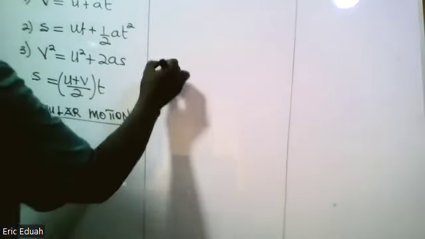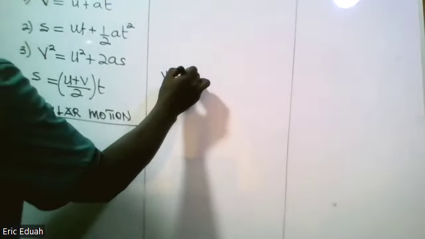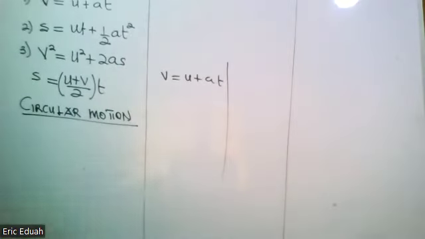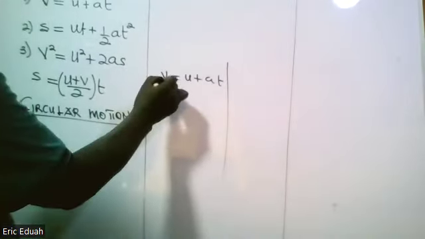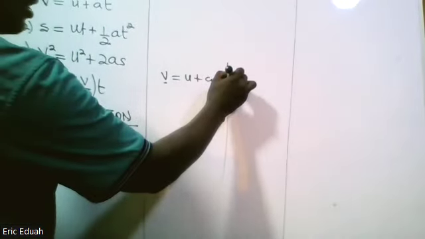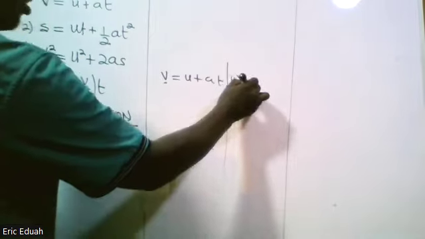When it comes to circular motion, V is the final velocity, so we have the final angular velocity, omega 2.